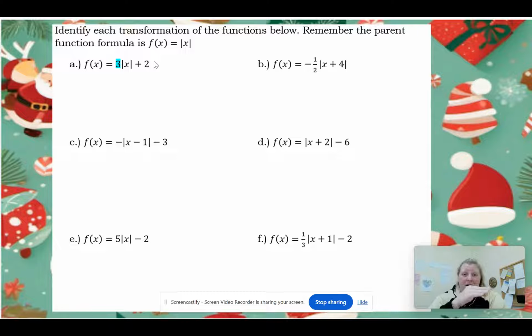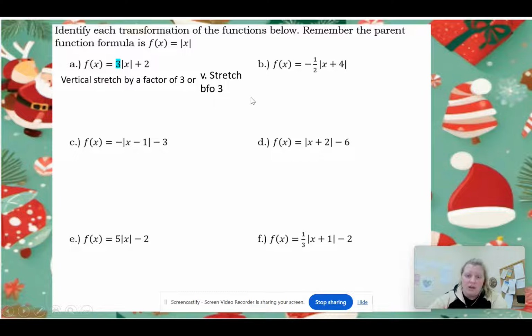I see that 3 in the front first. So because 3 is bigger than 1, that's going to be a vertical stretch. And not only do you say vertical stretch, but you have to tell me by how much. So you would say by a factor of 3. And if you want to shorten that, you can just write BFO, 3.